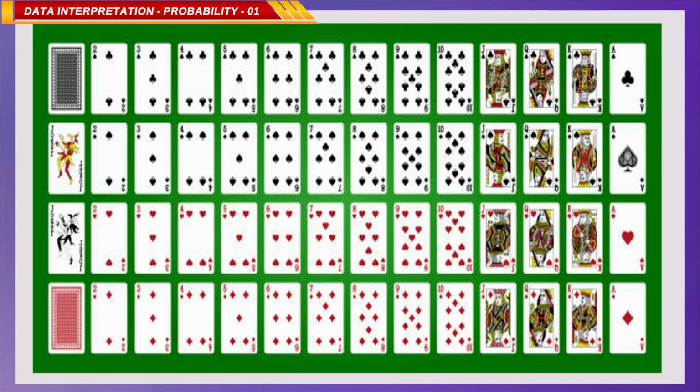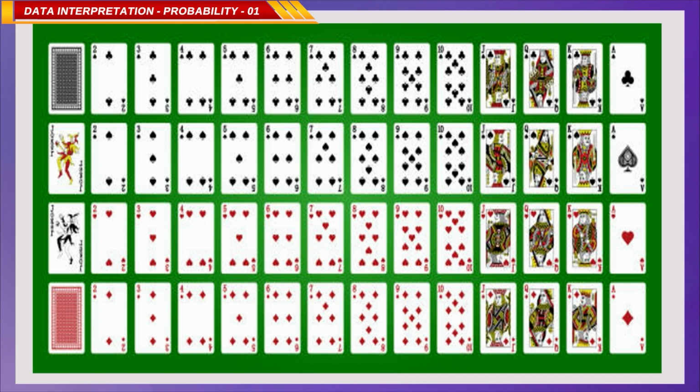Now we are seeing a deck of cards. In a deck there are 52 cards. There are 2 colors, 26 cards are black and 26 cards are red, and there are 12 face cards: jack, queen and king.